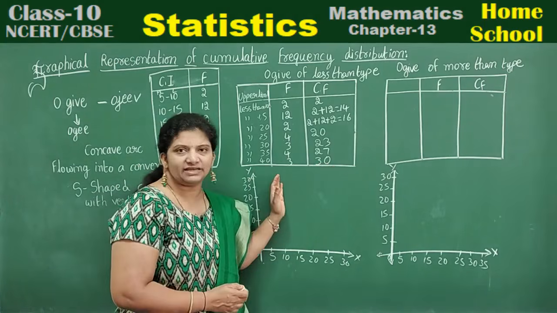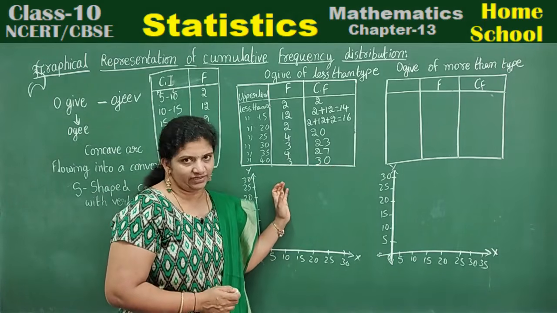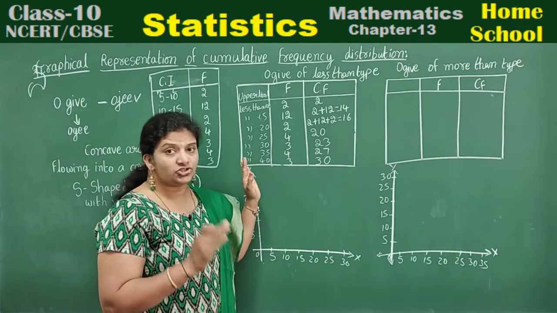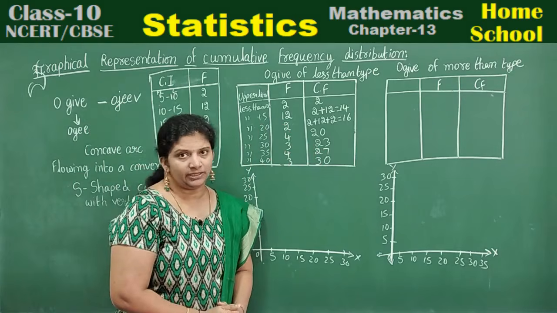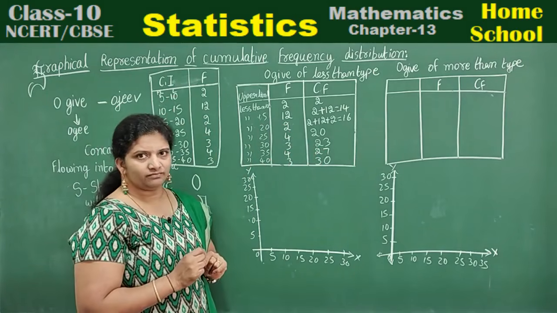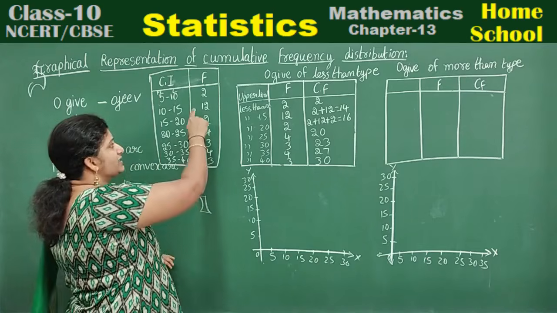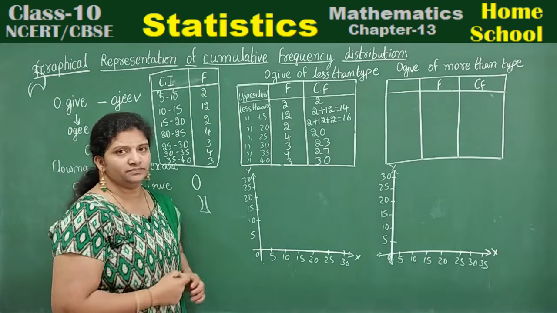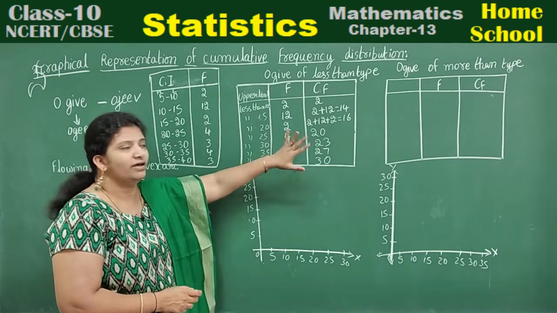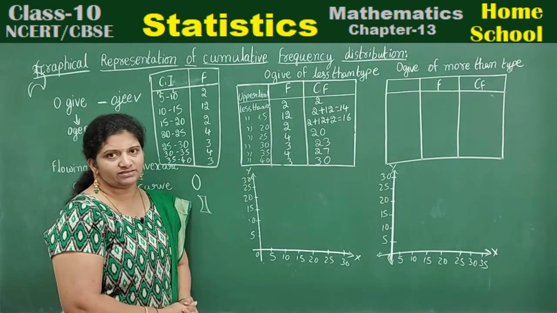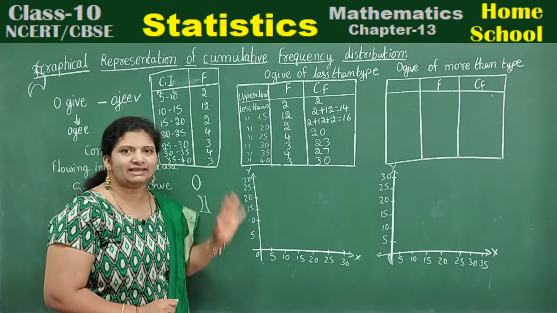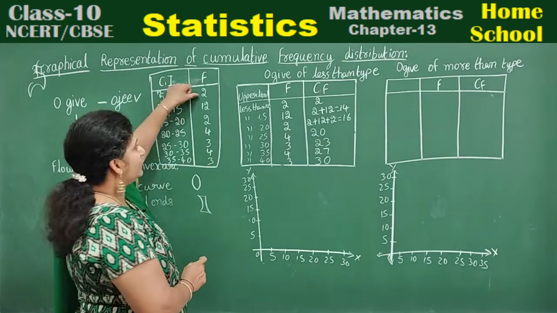We are going to represent less than type ogive graphically. We have completed the table work. Children, one more point you need to observe here. Suppose your frequencies are continuously in ascending order. If they are in ascending order, there is no need to write cumulative frequency again. It means in your problem itself, the cumulative frequencies are readily given.